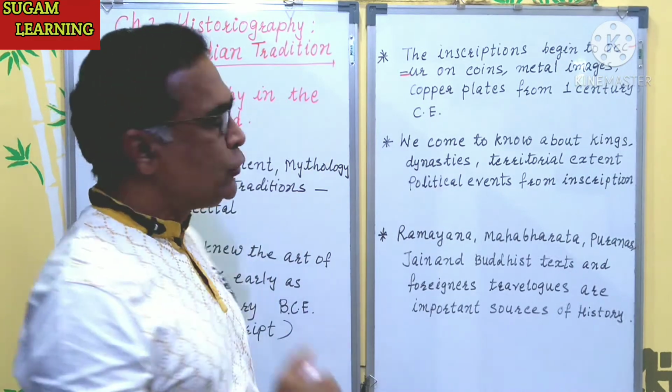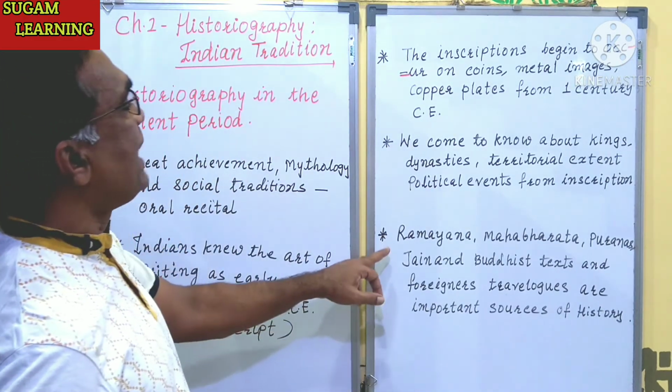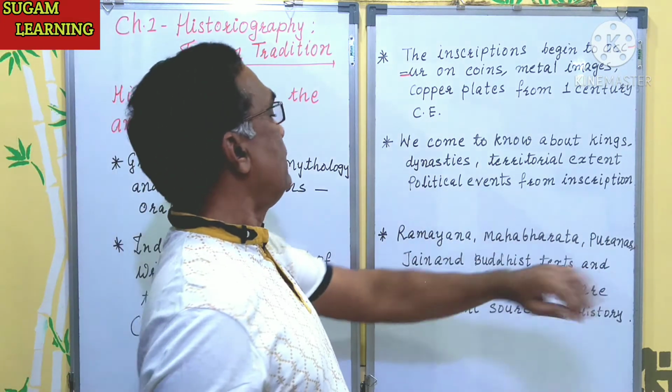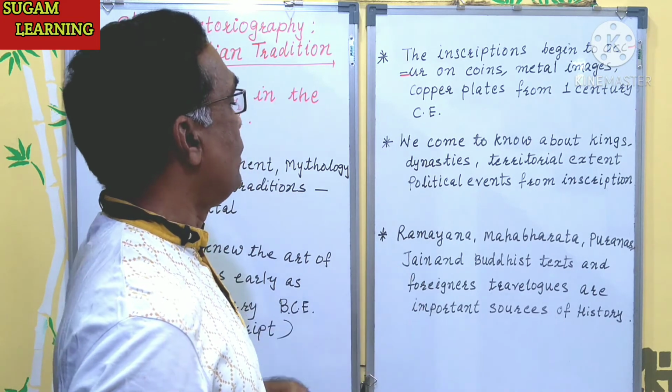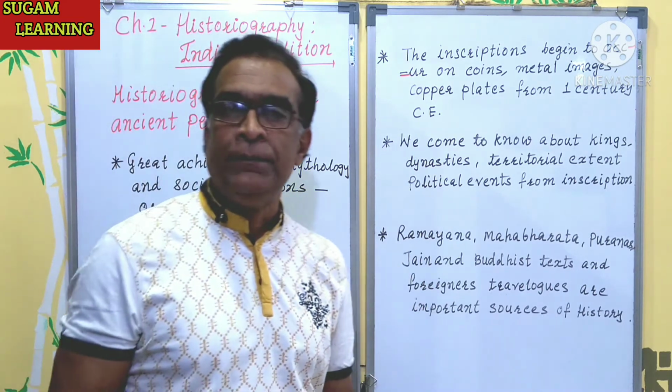Now, let us switch on to the next point, which says Ramayana, Mahabharata, Puranas, Jain and Buddhist texts and foreign travelogues are the important sources of history.